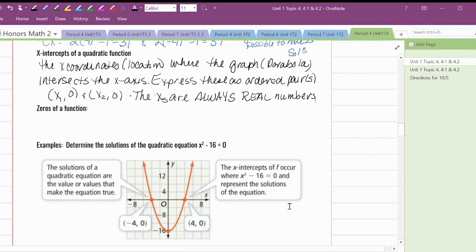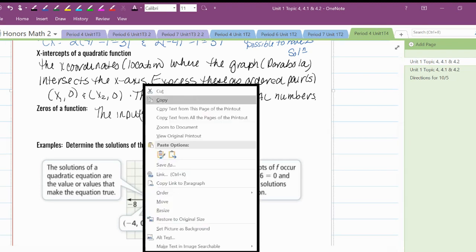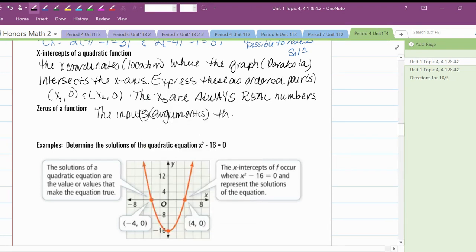We've got another option. All right, and then finally, the zeros of a function. The inputs or arguments, because we could have more than one here, that satisfy f of x equals 0.